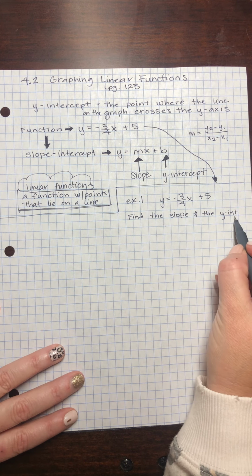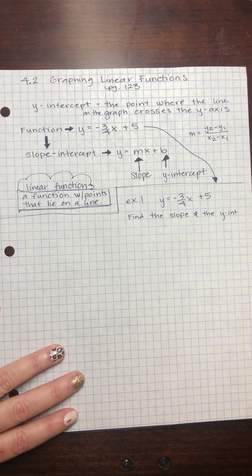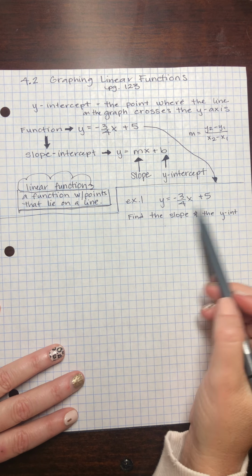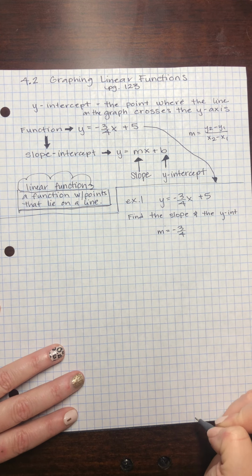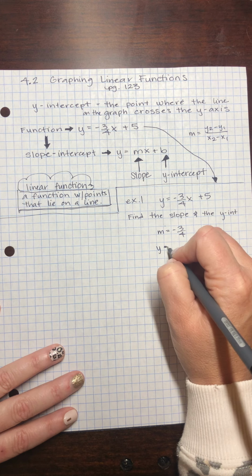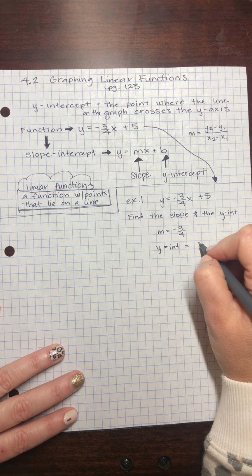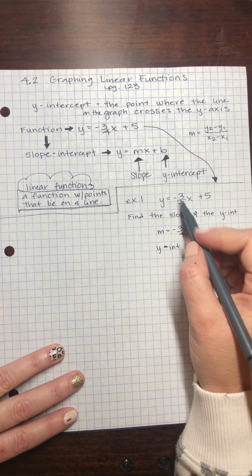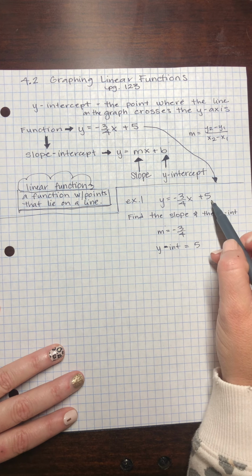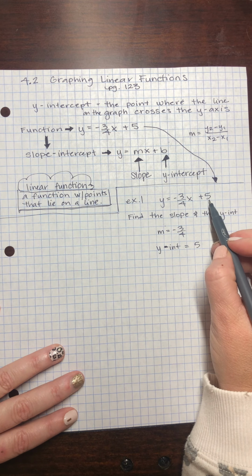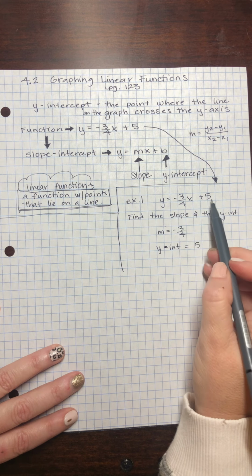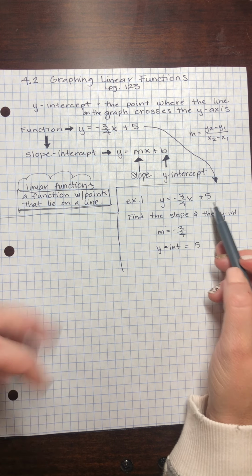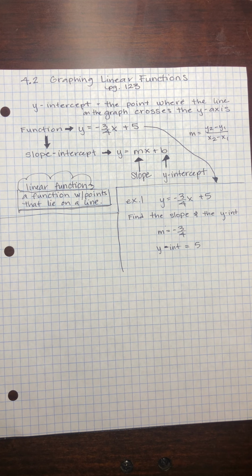So simply, all they're asking you to do is label which one is which from the numbers in here. For our example, m equals -3/4. That's our slope. And the y-intercept is 5 because m comes first and b in slope-intercept form comes last. So the y-intercept is 5 and slope is -3/4. Just simply reading the function that they give us and pulling out the information. It's just that simple, okay?